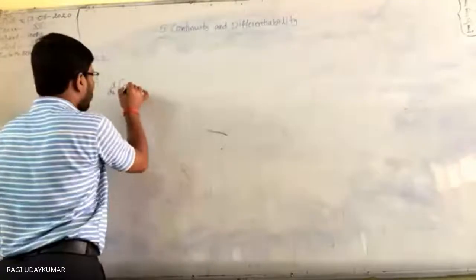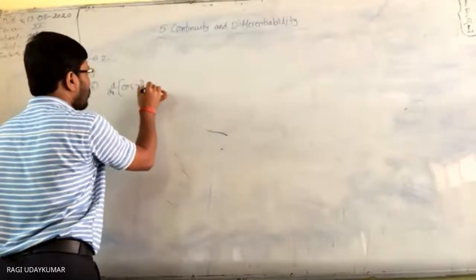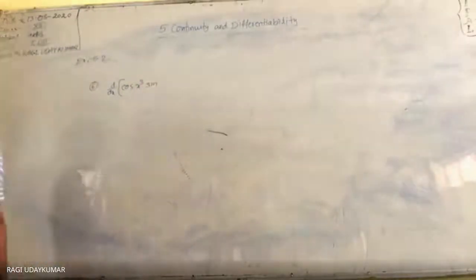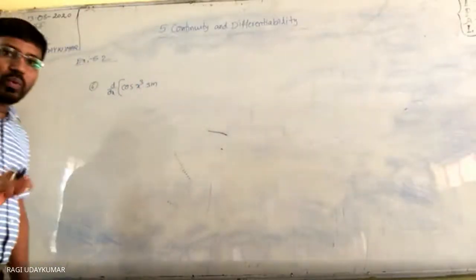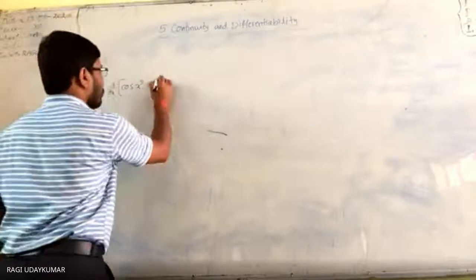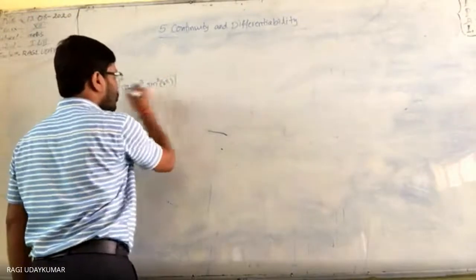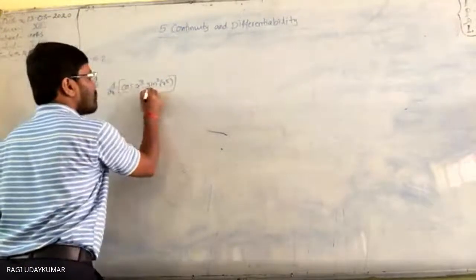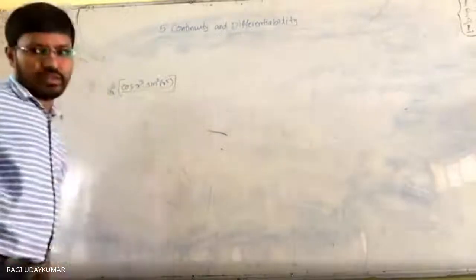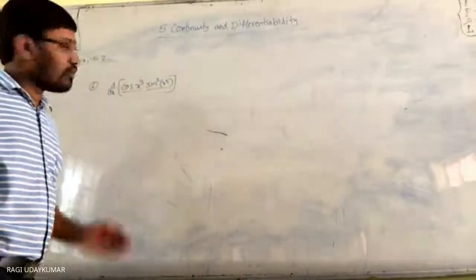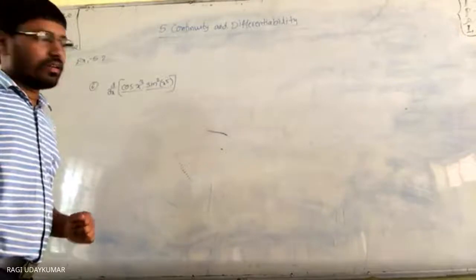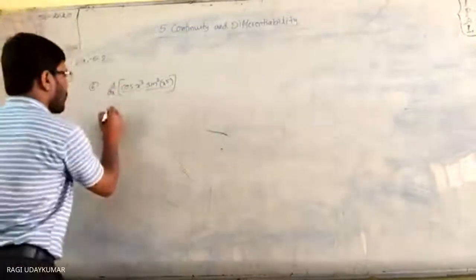Cos x cube into sin x to the power of 5 whole square. This is one function, this is another function. Two functions are there. So whenever you have two functions, in the product rule, what do you write?